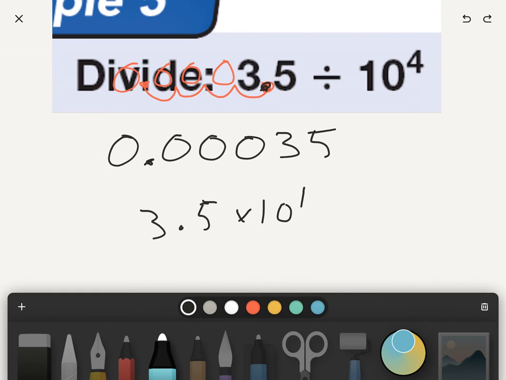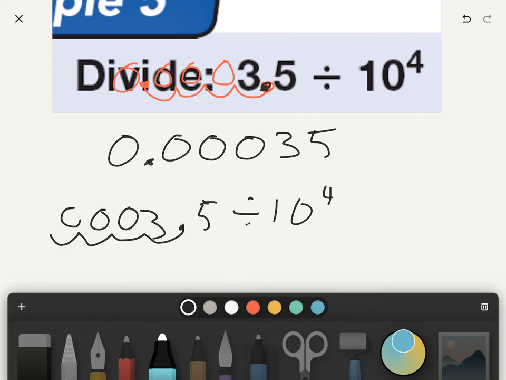So if we are dividing it by 10 to the power of 4, that means we're bringing that decimal 4 places to the left, right? So 1, 2, 3, 4. So we put zeros in those empty spots. We need to put a decimal, and I got kind of confused where the point is, probably because I was doing it up there with the writing.